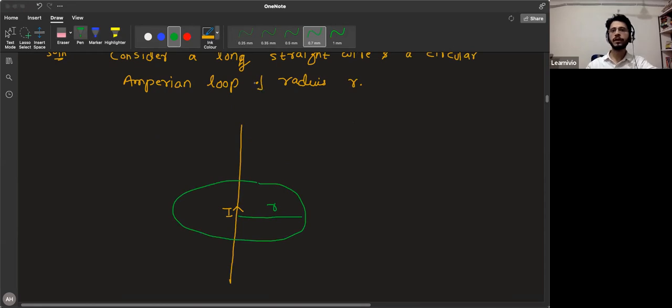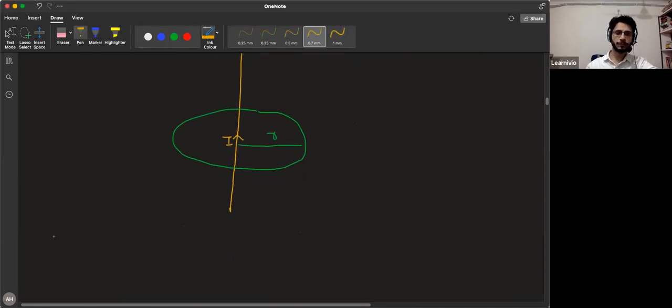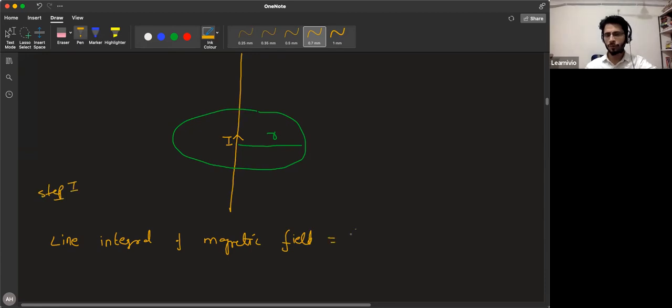Now let's calculate line integral of magnetic field. That is the step 1. First of all, we'll calculate line integral. What is line integral of magnetic field? This is closed integral of B dot dl.